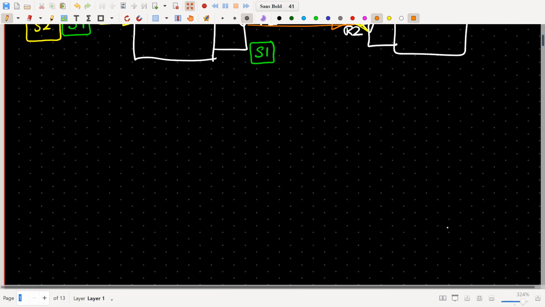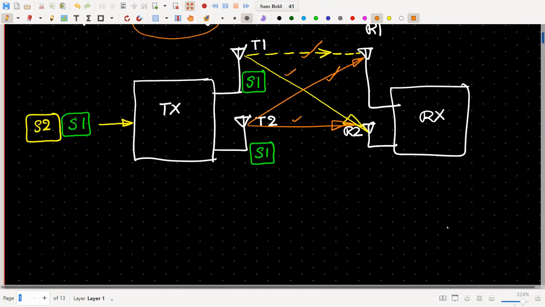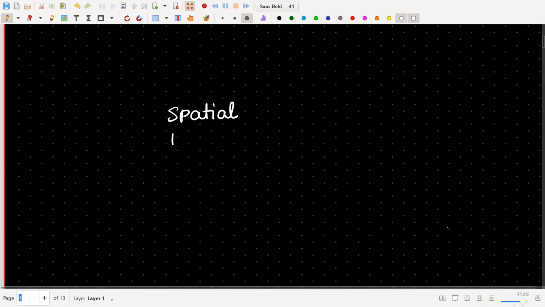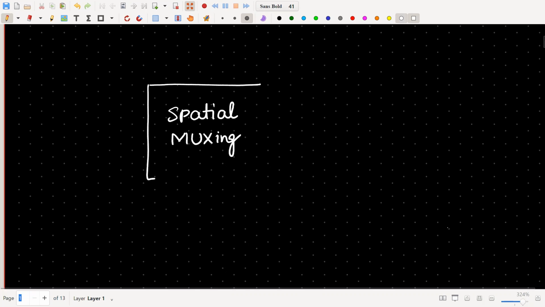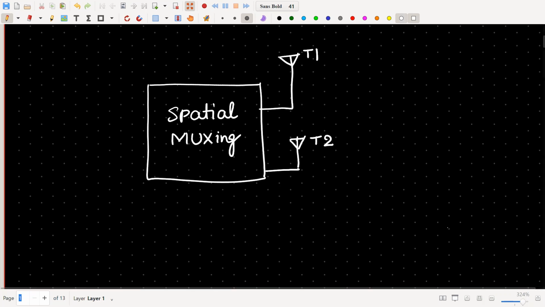Spatial multiplexing. In diversity, what we observed is that you are transmitting the same symbols across various paths. But in the case of spatial multiplexing, the beauty is this. Let me take it in simple language. You have a spatial multiplexing block, and let's take again two antennas: transmit antenna 1 and transmit antenna 2.